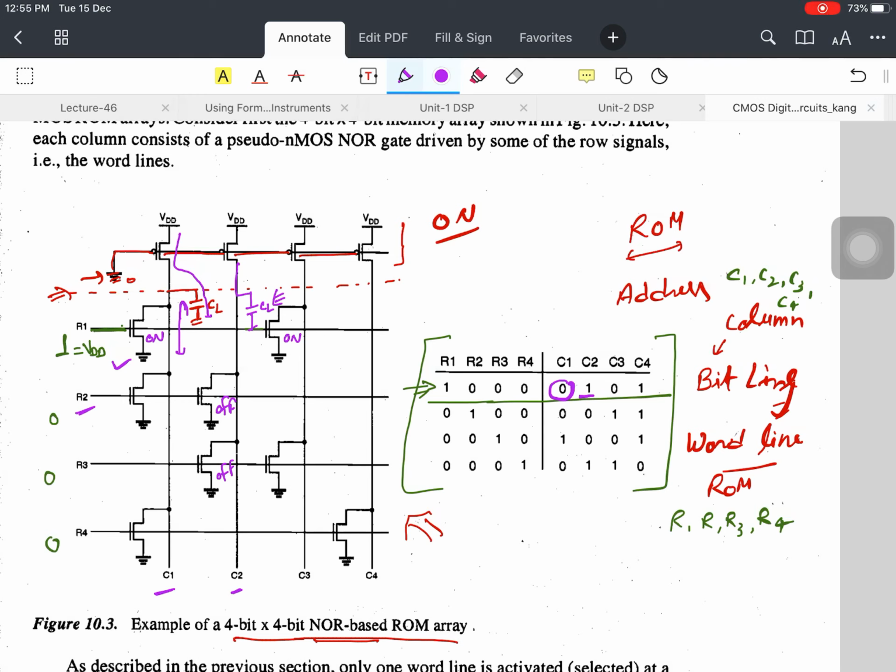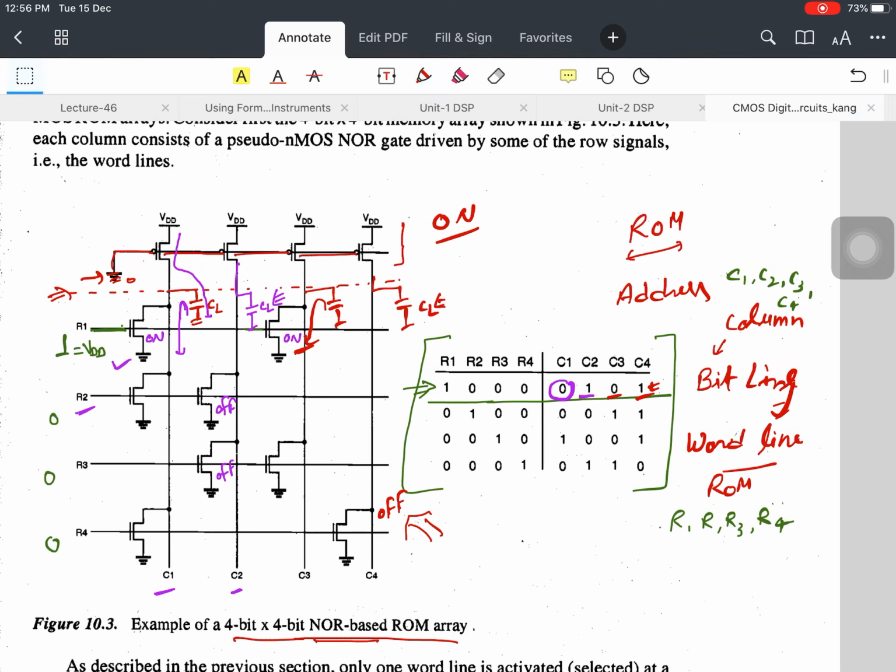And again, if I talk about C3, because this is on, whatever is the load capacitor over here, it will discharge through this transistor to the ground. So that value is 0 over here. And next, if I talk about the last one, the load capacitor is connected but this is off, so there will be no path. Whatever the capacitor charged in the starting will remain the same, so the value is 1 over here. In this way we are getting these values.